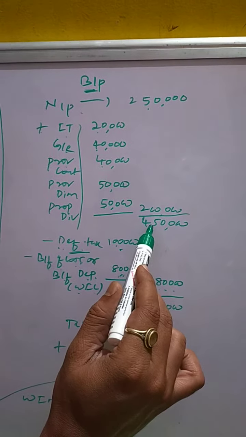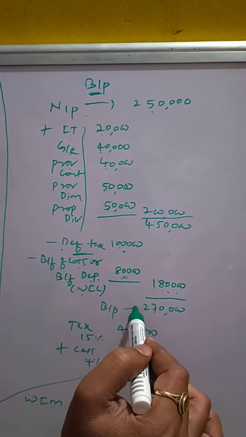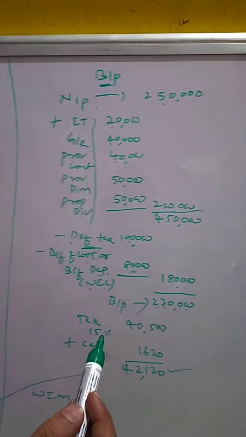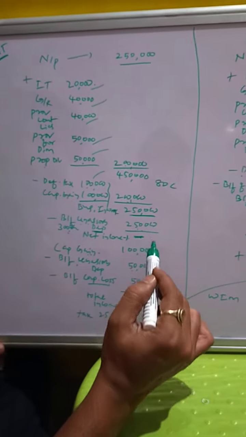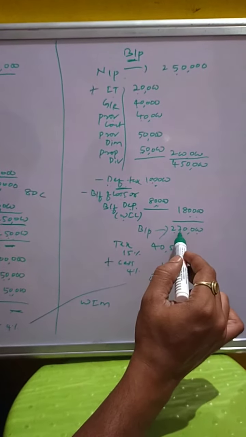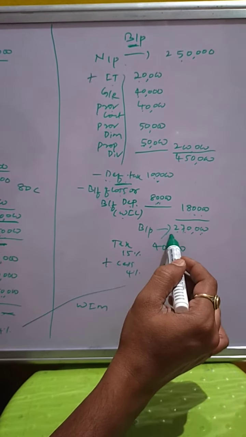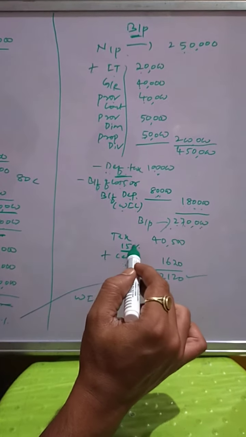Deduct 1,80,000 from 4,50,000 and you get a book profit of 2,70,000. That is the difference. Net income here became nil, but in this case the book profit is 2,70,000.